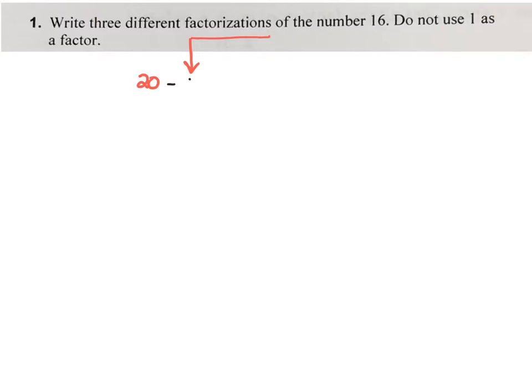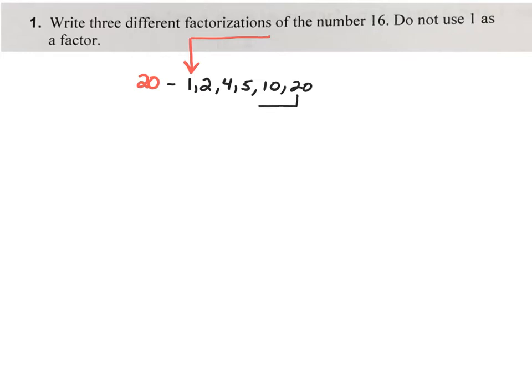So we could say 1, 2, 4, 5, 10, and 20. That's one way, listing the factors, and then we have to explain what they are as factorizations, pairs of factors.